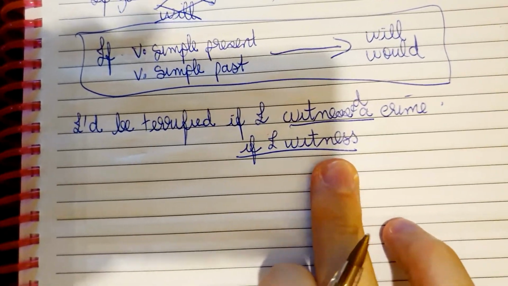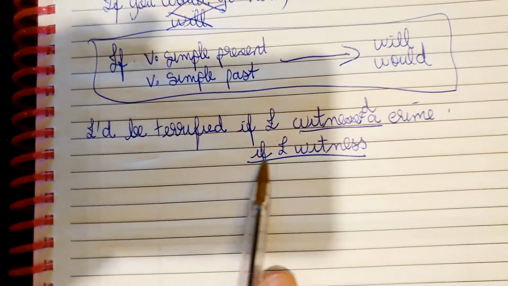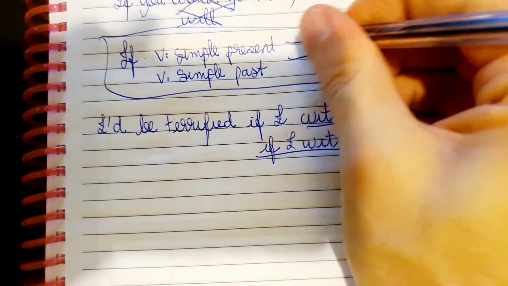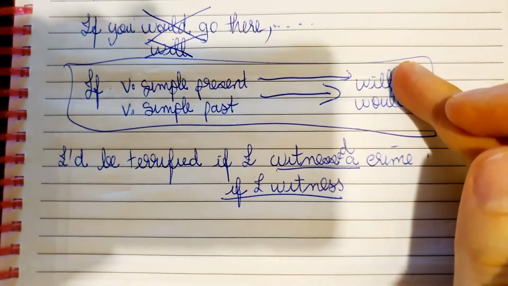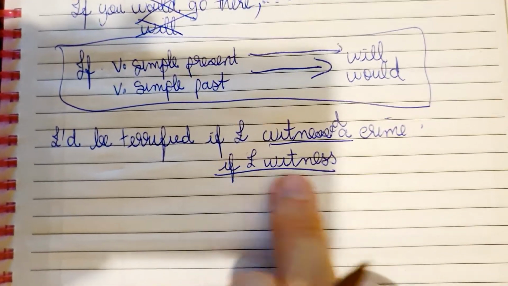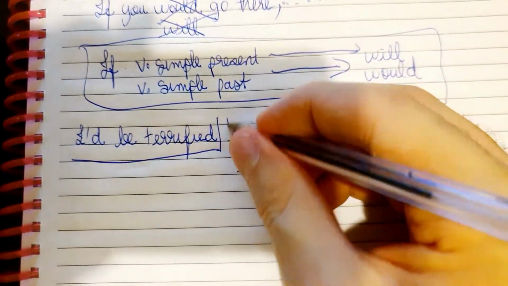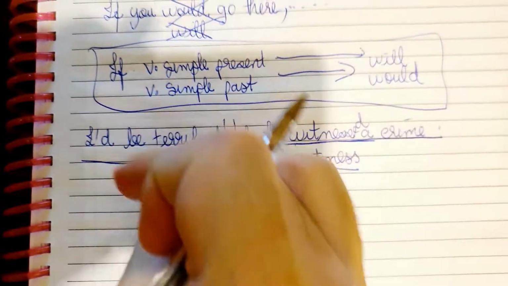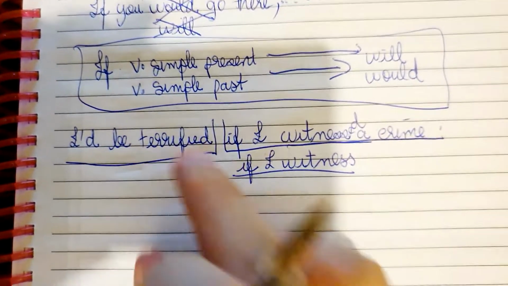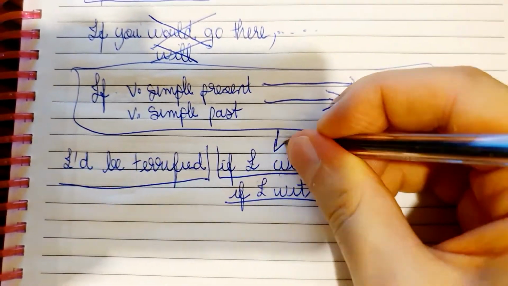Because you saw that if plus simple present, you use will. So if plus present, the next sentence, so this is the if clause, okay? I changed the order of the sentence, but it's important to recognize where the if clause is.